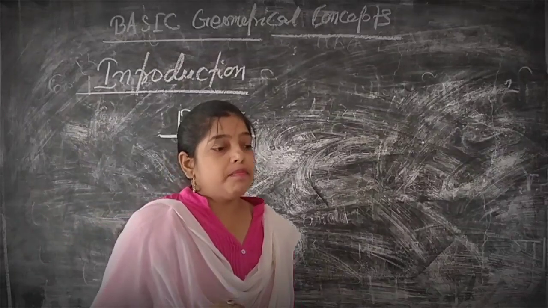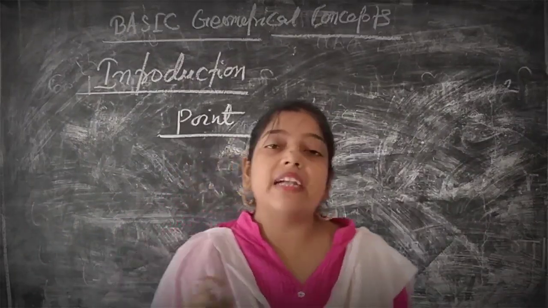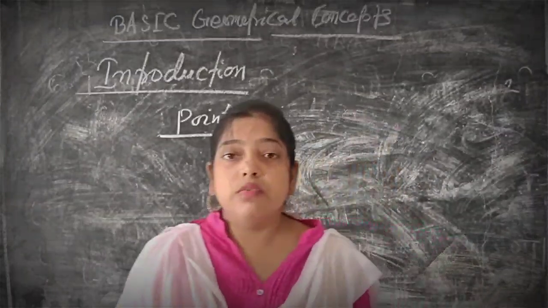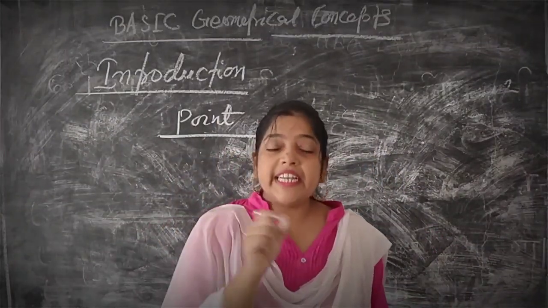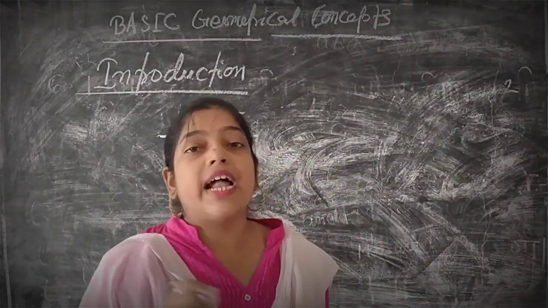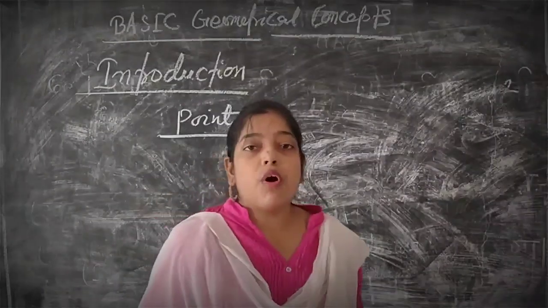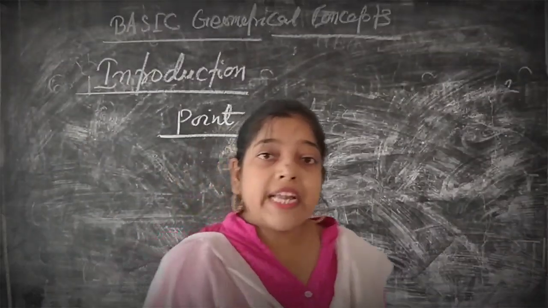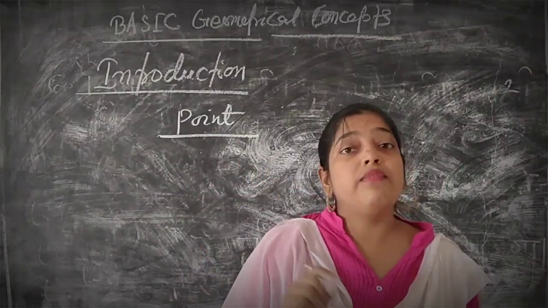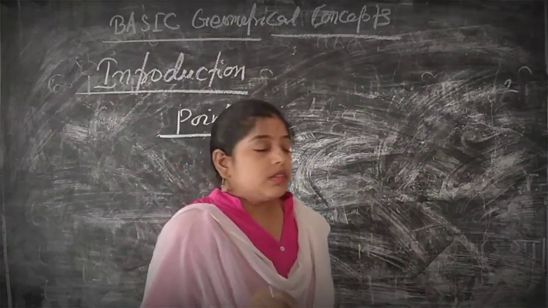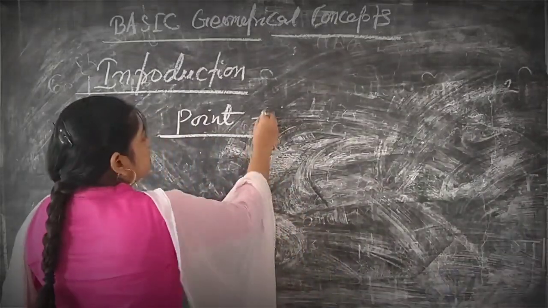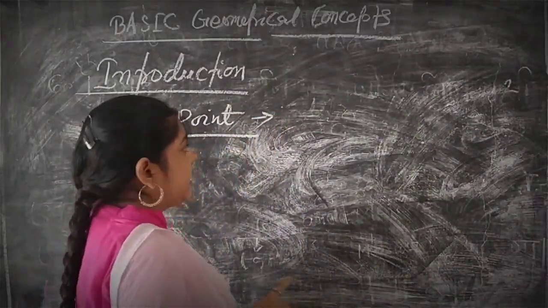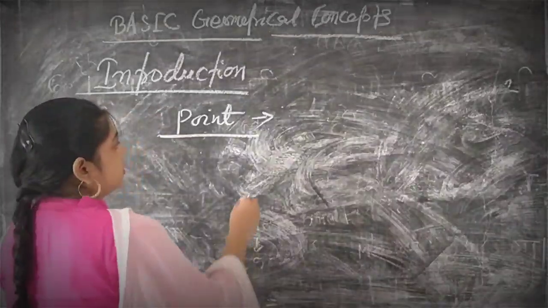For example, we can measure a flat surface. We indicate a symbol on the flat surface, and this symbol is called a point. A point locates a position on a flat surface.